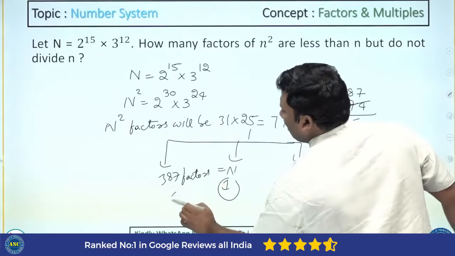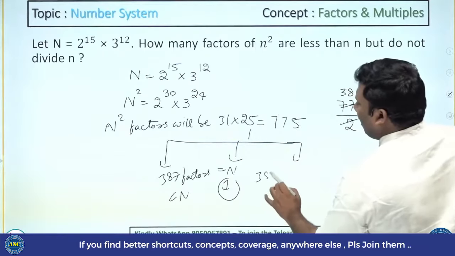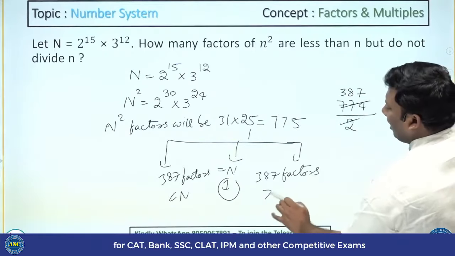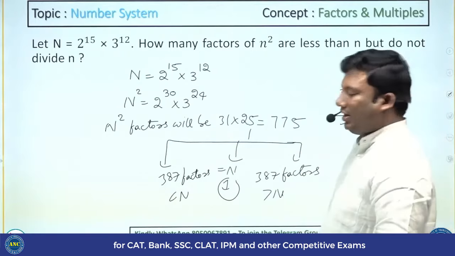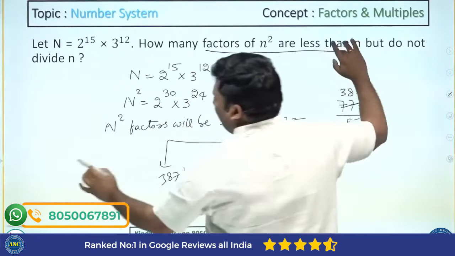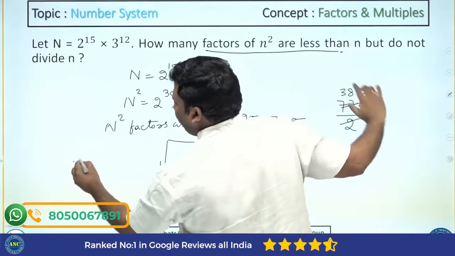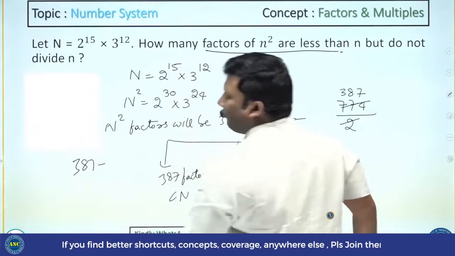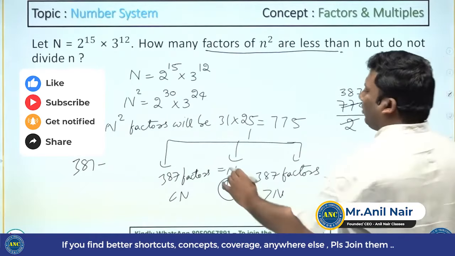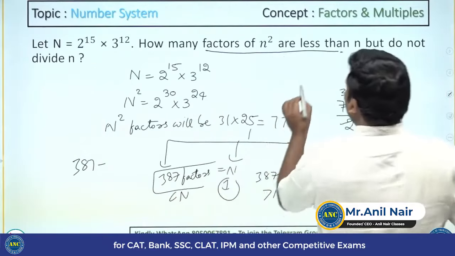Are you all with me? 387 factors are less than n, and 387 factors are greater than n. How many factors of n square are less than n? Total 387 factors are there, but some do not divide n. In that, how many do not divide n?